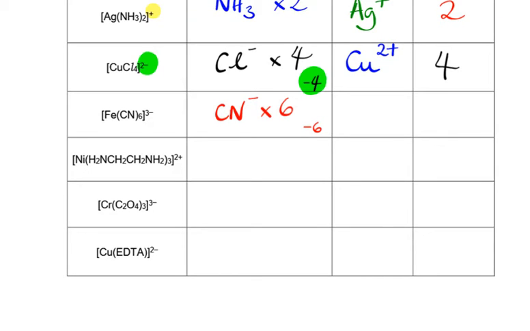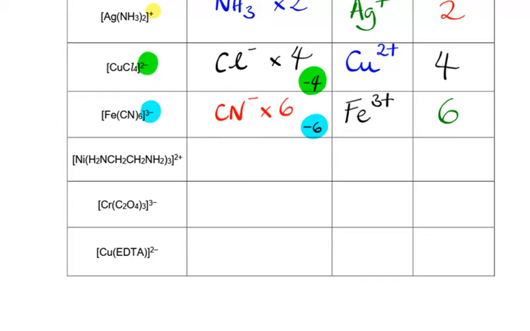We can see that the central metal ion is iron. Now, the overall charge is -3, and the cyanides are contributing -6, which means that the iron ion must be a +3 in this example. For the coordination number, there are simply 6 monodentate cyanide ions, so the coordination number is 6.